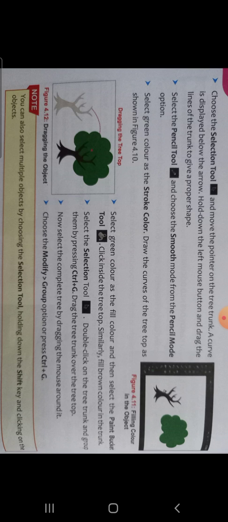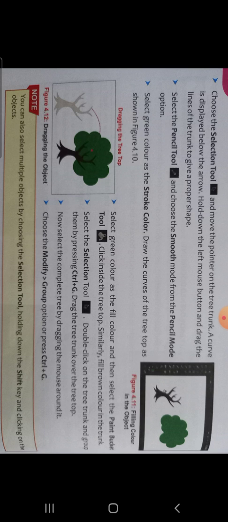Now select the pencil tool again and choose the smooth mode from the pencil mode option. Select green color as the stroke color, because here we have to create the other part of the tree, that is leaves. Then draw the curves of the tree top as shown in figure 4.10.